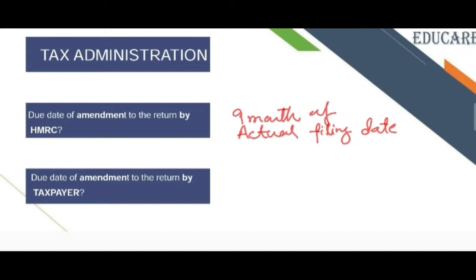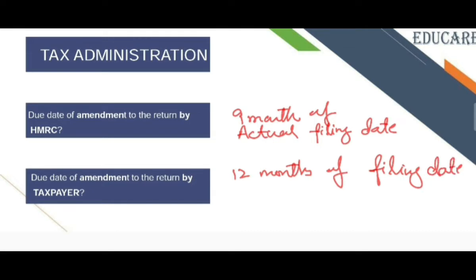If the due date of amendment to the return by HMRC is required, this is 9 months of the actual filing date. And if you are asked the due date of amendment to the return by the taxpayer, this is 12 months of the filing date.